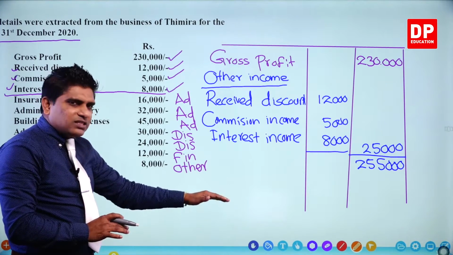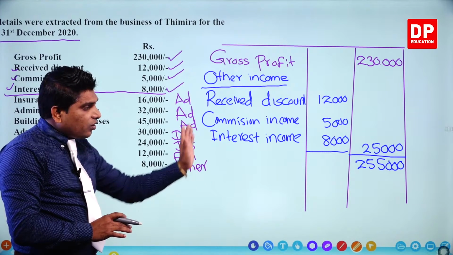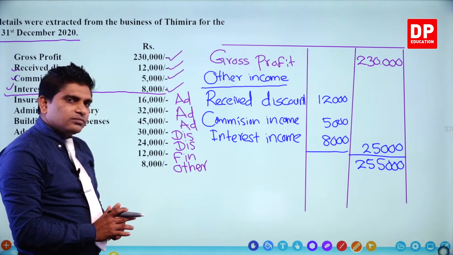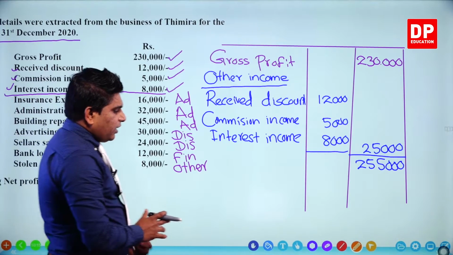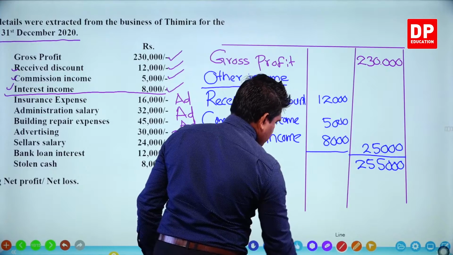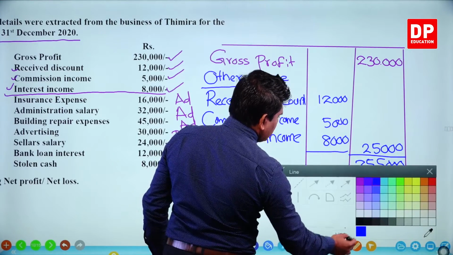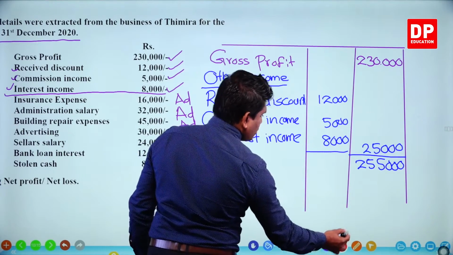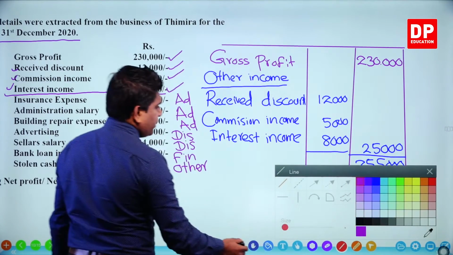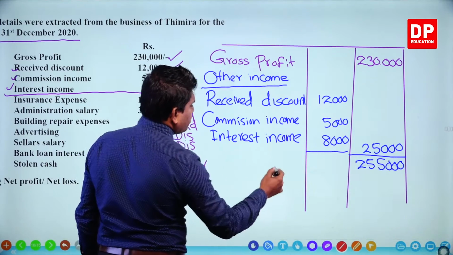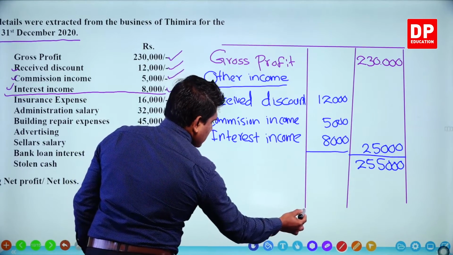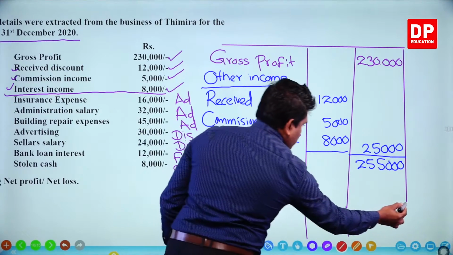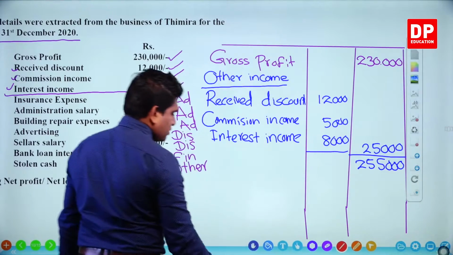Then all the expenses we write one by one, and we get the total to the next column, right? If you want, you can use 3 columns here, but the first time I use only 2 columns. If I take 3 columns at the beginning, it's confusing for you, so I use 2 columns because this is the first question.